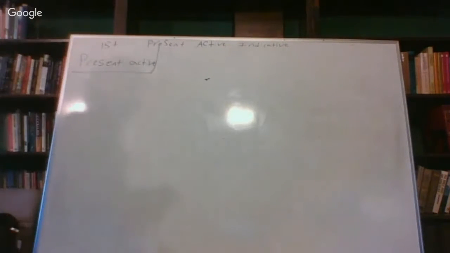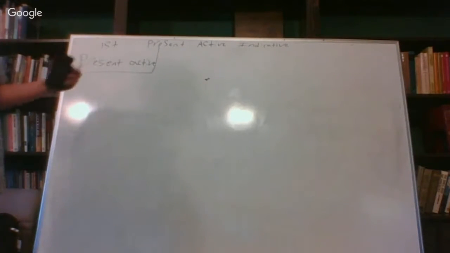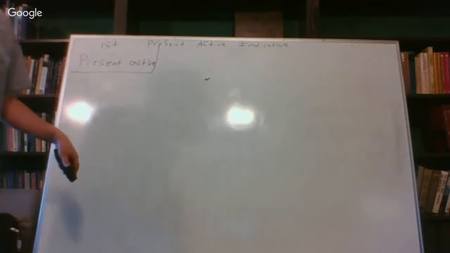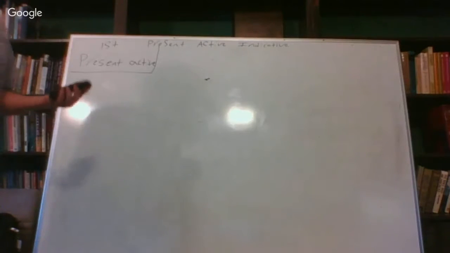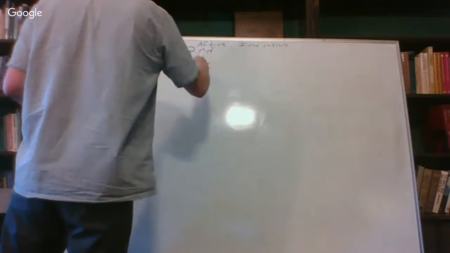I believe every single verb falls under the first principal part in the New Testament. Not all verbs will fall under one of these 6 categories. Most will, some won't. The second principal part, which we will learn later, is the future active.